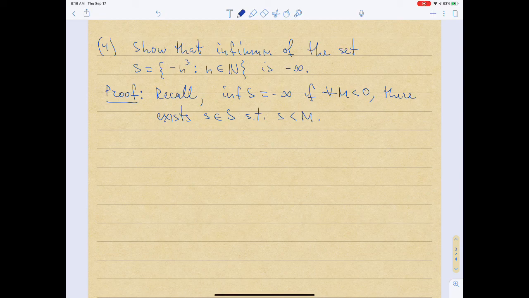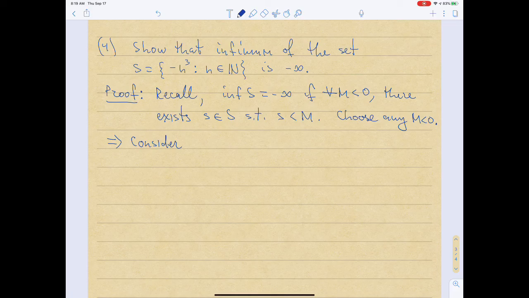Okay, so now choose any M less than 0, and I want to verify that I should be able to find an element s which is below M. I'm going to consider two numbers. Last time when I used a similar example, we used the Archimedean property, so I'm going to do it again.